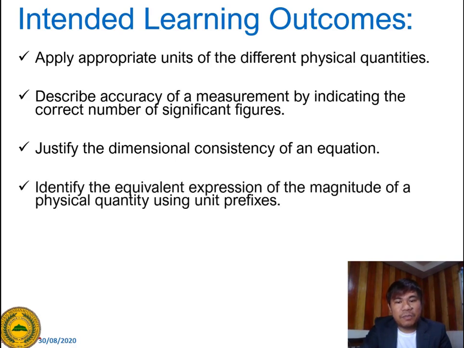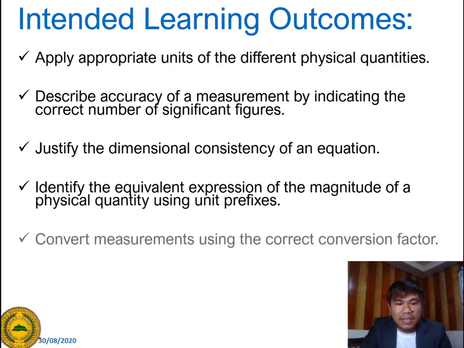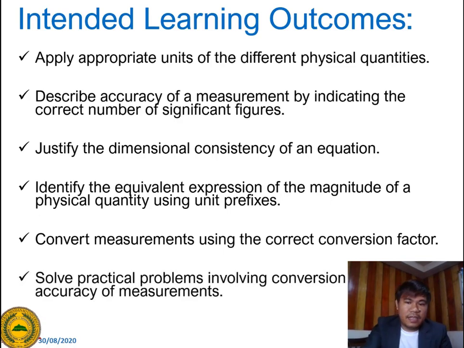Identify the equivalent expression of the magnitude of a physical quantity using unit prefixes, and convert measurements using the correct conversion factor. And finally, solve practical problems involving conversion and accuracy of measurements.